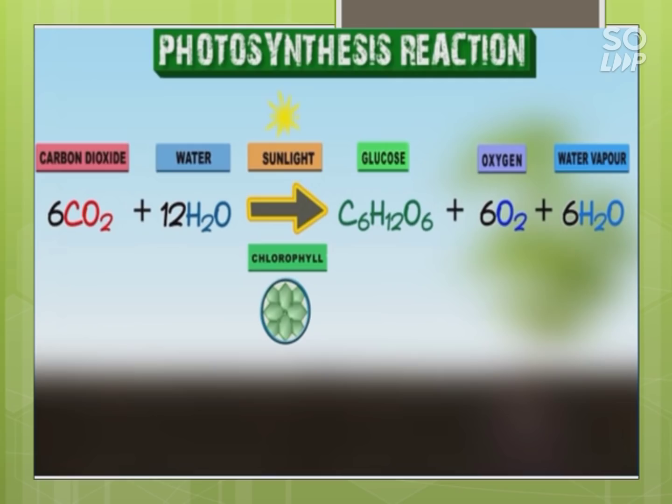You can see sunlight is written just above the arrow, which is trapped by chlorophyll. Chlorophyll is just written below the arrow. The plant produces glucose. Can you see glucose? C6H12O6, and it gives out oxygen, that is 6O2, and water vapors, that is 6H2O, as byproduct.